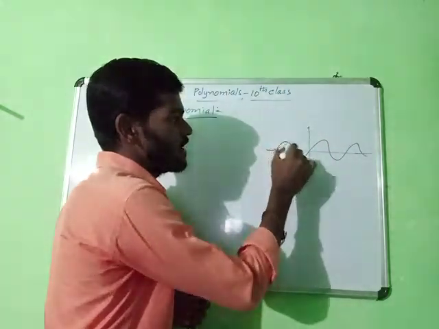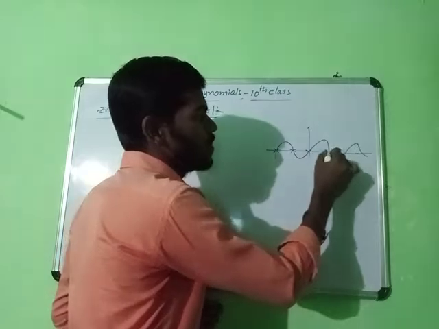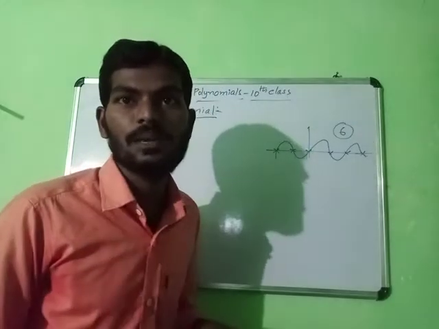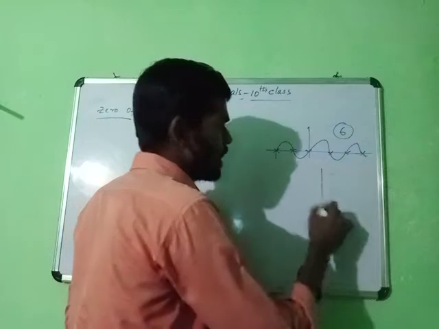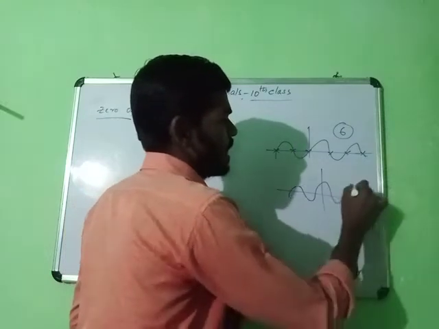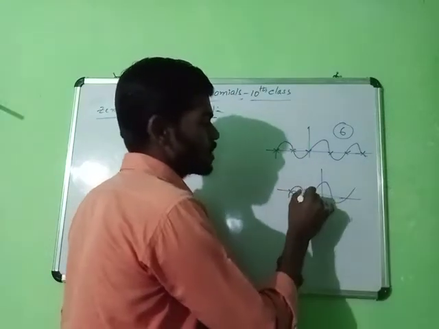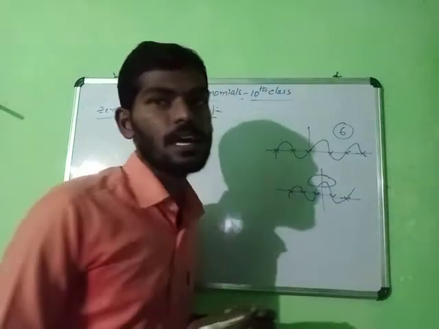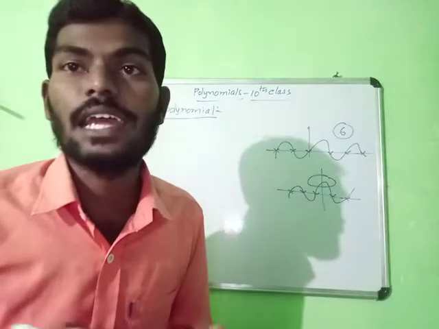1, 2, 3, 4, 5, 6. How many zeros? 6 zeros of the polynomial. For another example, take a graph like this. Now see, 1 zero, 2, 3, 4, 5 zeros only. We are not counting the y-axis because we take reference with the x-axis only.